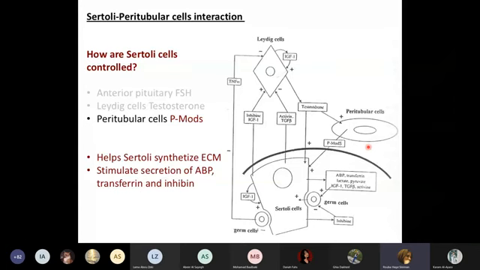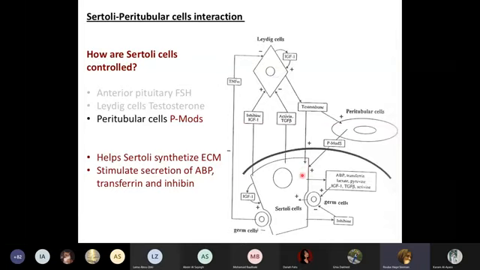When they are stimulated by testosterone, where positive means stimulation and negative means inhibition, they can secrete a PMODS factor, which is the peritubular modulating Sertoli cell function. This molecule will act on Sertoli cells and will stimulate them to synthesize androgen binding protein, transferrin, and inhibin.